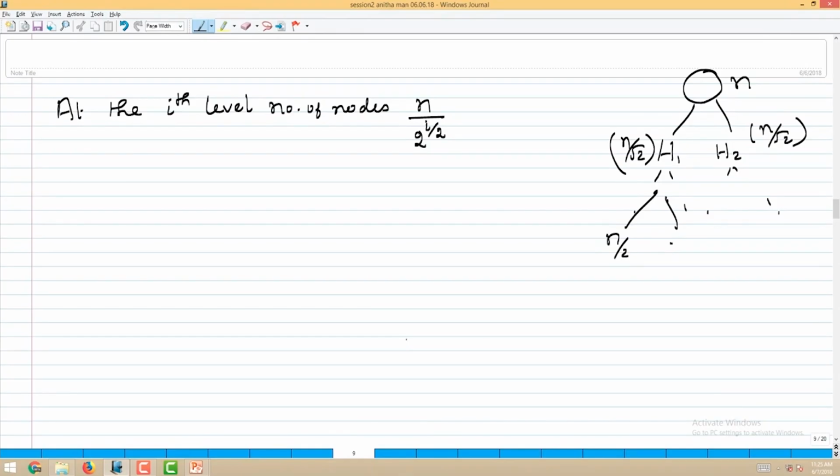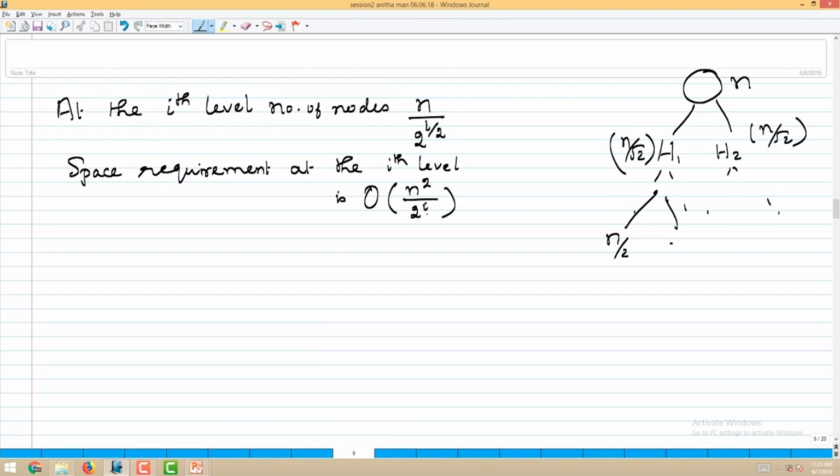So, the space requirement at the ith level is order of, so I will write this value exactly, and then order of n square by 2 power i, okay. Just square this one. Then you can do the summation over all the levels for the entire memory requirement and produce the correct answer.